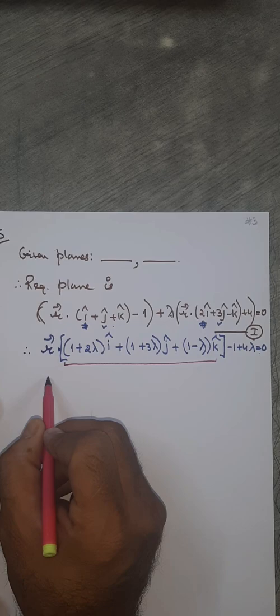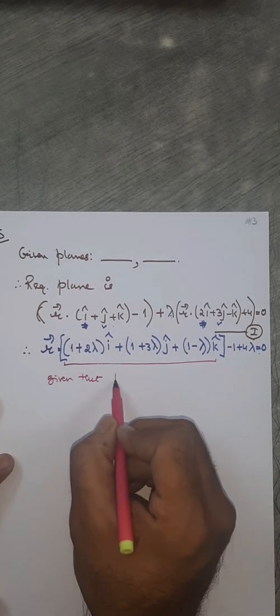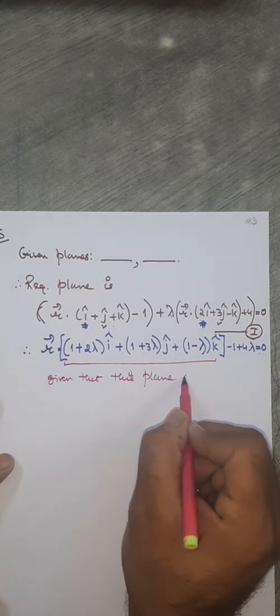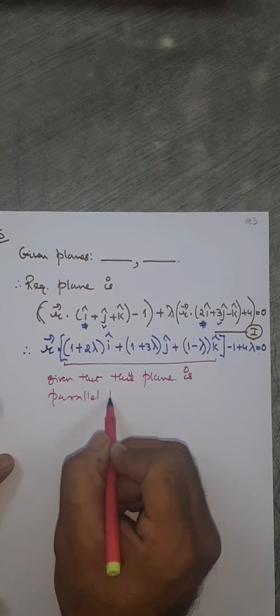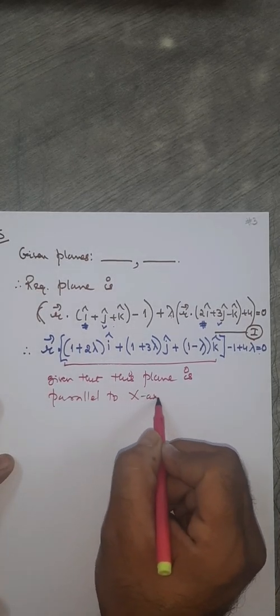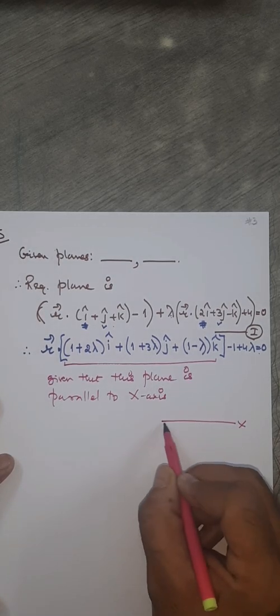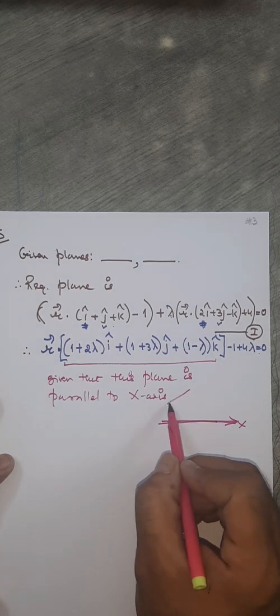Now what is given to us? Given that this plane is parallel to the x-axis. It's like this here. So this is the x-axis here, and the plane is like this.